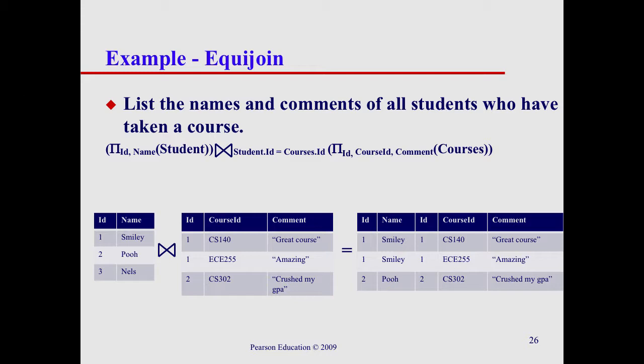By the way it's grouping these things, it's saying first project out ID and name from student, and over here project out course ID and comment from courses. Do those operations first. Then do a join using this operation here. So the relational algebra is specifying the order in which the operations are performed, and it's specifying the operations. So it's still somewhat procedural.